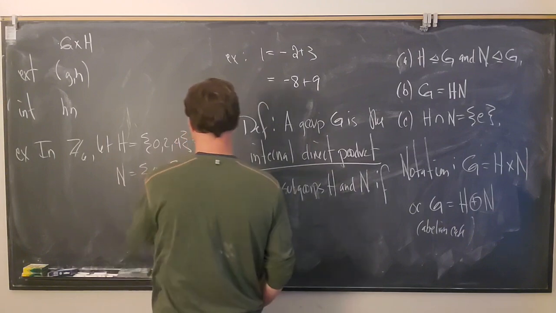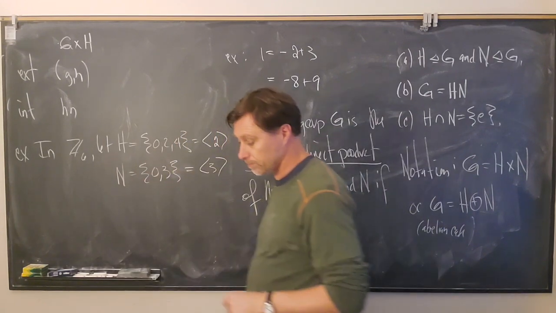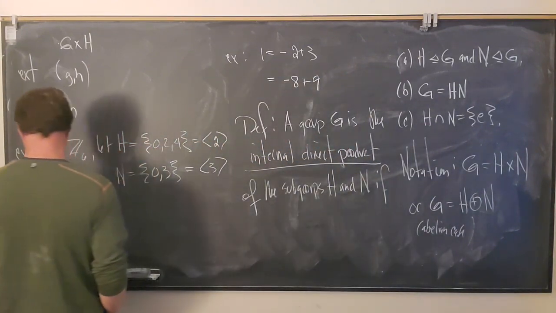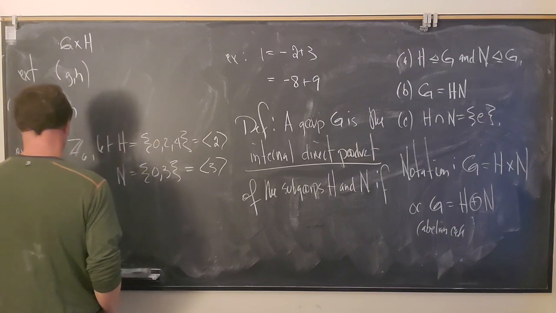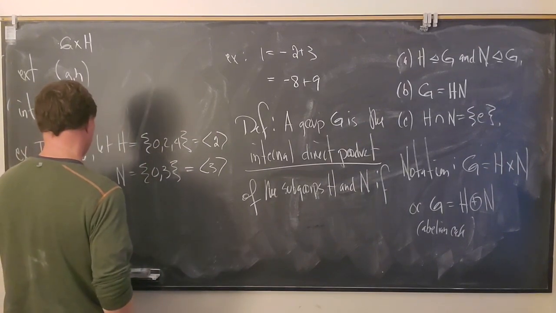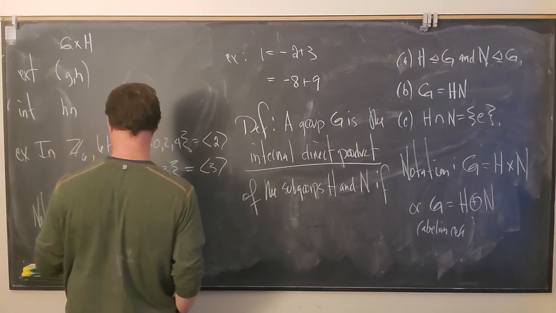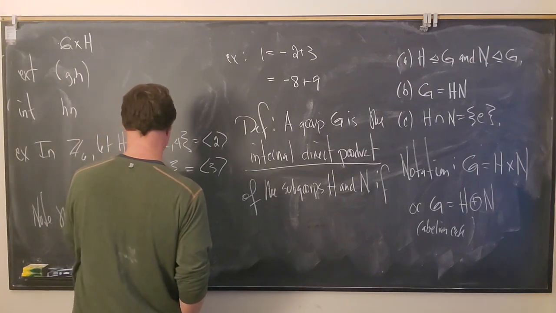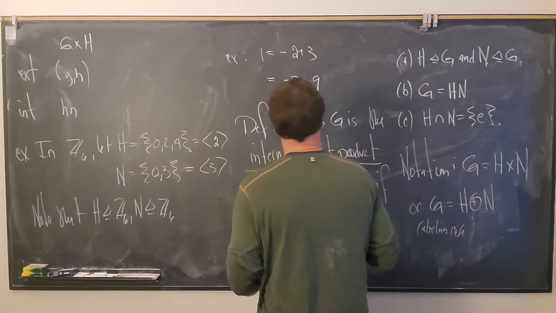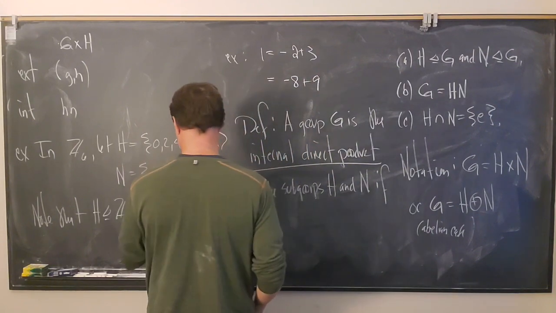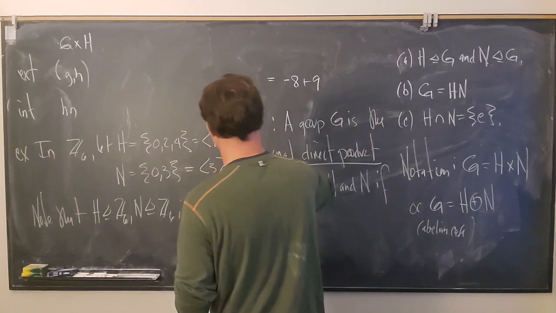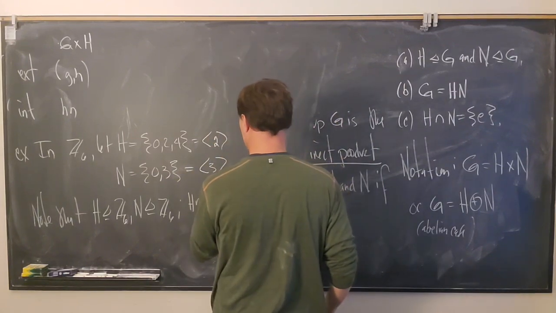And that's the subgroup generated by 3. Of course, because Z6 is abelian, H is normal in Z6, N is normal in Z6. The intersection, H intersect N, consists of just the trivial element, just 0.